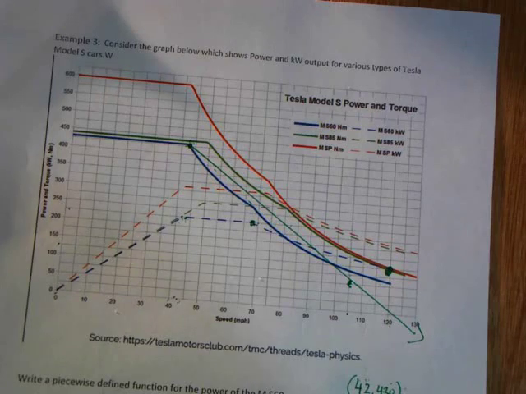Another place you might see a piecewise function is with your cell phone plan. A lot of cell phone plans, you pay for so much data per month, and if you go over that data, you have to pay more money. So you pay a flat rate for so much data, and when you exceed that data, you pay more money. So there are actually lots of good examples out there in the world of piecewise functions.